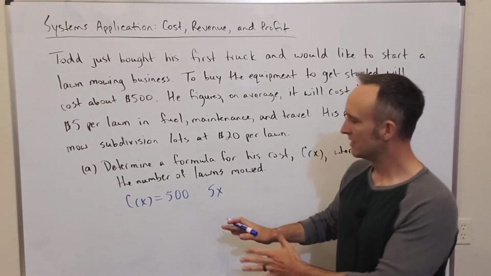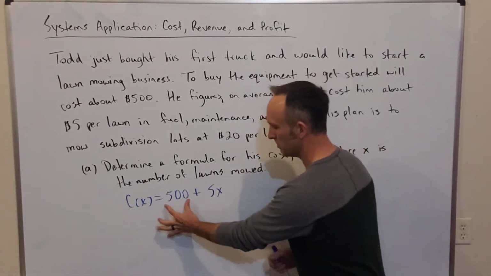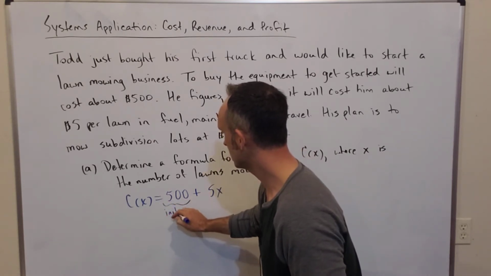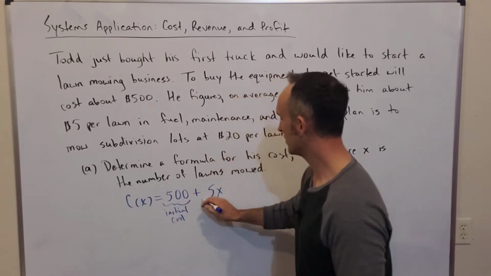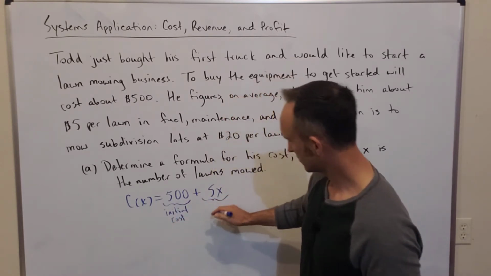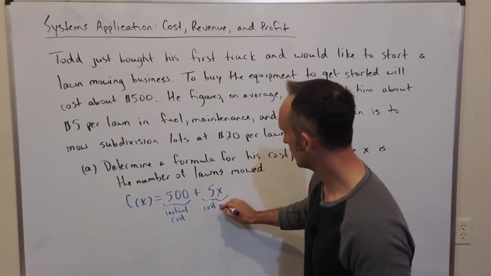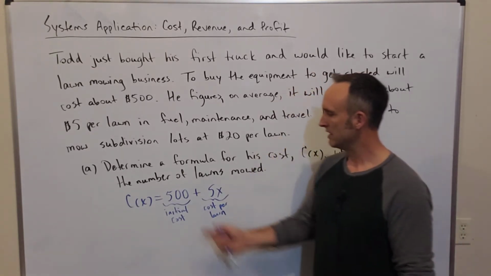And so his total cost for mowing x lawns is going to be his initial cost, which in this case is $500, plus his cost per lawn, right? So this is a fixed number.